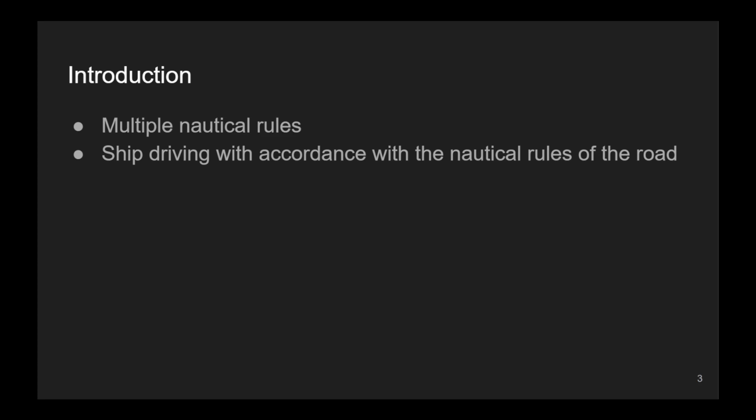Autonomous ship navigation is a rapidly developing field with the potential to revolutionize the maritime industry. This concept is gaining importance due to the increasing complexity of shipment routes and the rise in maritime accidents attributed to human error.